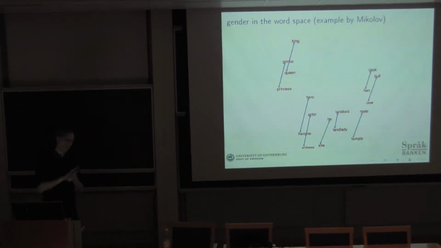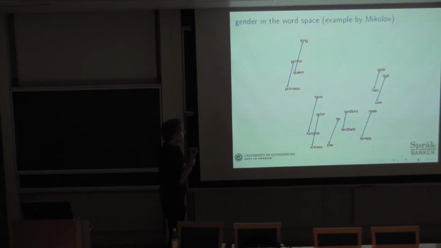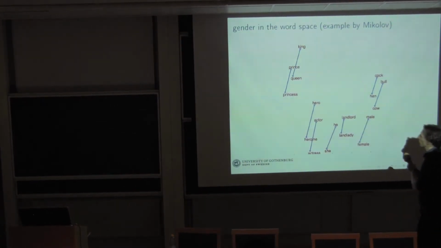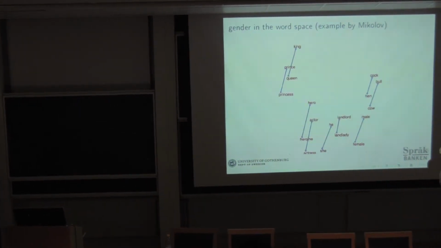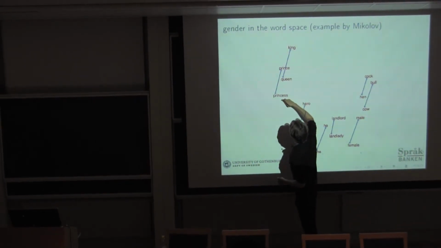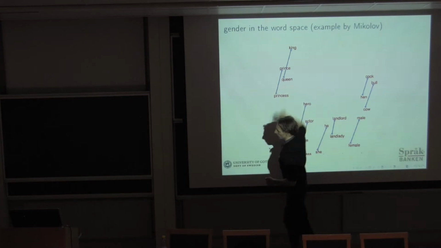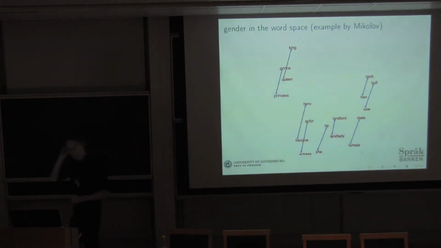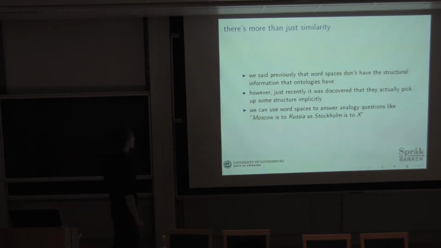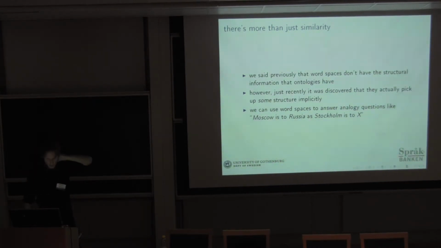So to answer these analogy questions, if I say that prince is to princess as king is to x, I would subtract prince and princess and then add it to king, and then I would arrive at queen. So we just do, let's say, very, very stupid vector arithmetic. It's fairly interesting that such a stupid idea can actually work.